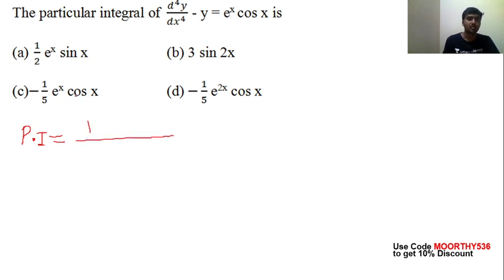Here, for f of D, first we have to convert the equation into this form.